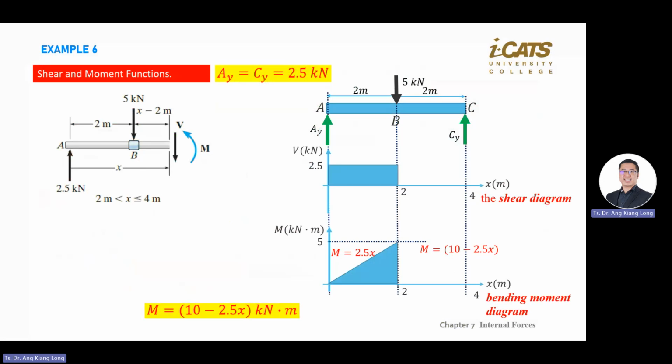And then the shear load and moment, you should be able to understand already. Why we go down, moment anti-clockwise. So ignore this 2m less than x less than 4 first.